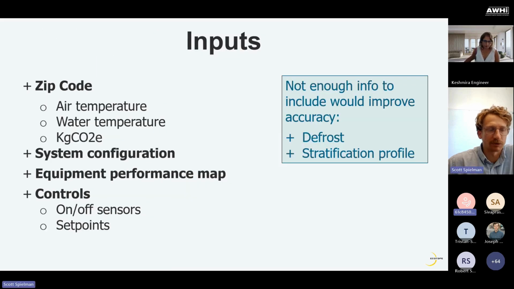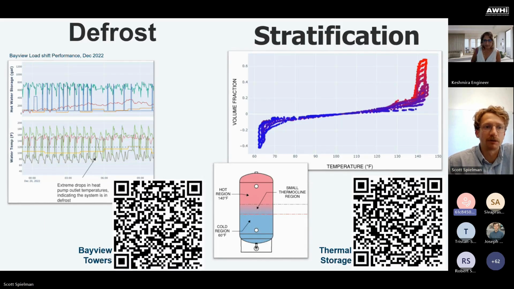This is just the inputs. So we've got air temperature, water temperature, controls. There wasn't enough information to include defrost in the stratification profile in this simulation, so we did our best to work around it and get reasonable results. We've done some studies on both defrost and stratification.